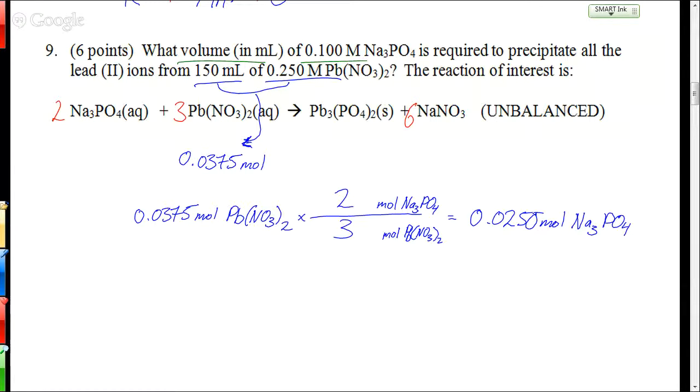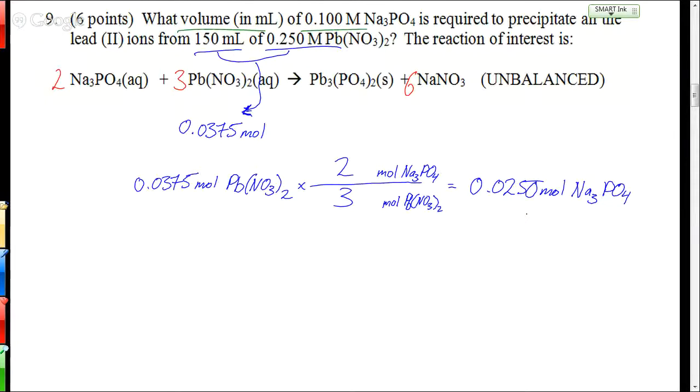But we're not asked for moles, we're asked for volume in milliliters, so we have to do one more step. We take that 0.0250 moles of sodium phosphate and multiply it by the inverse of the concentration. So we need equivalence between moles and liters.